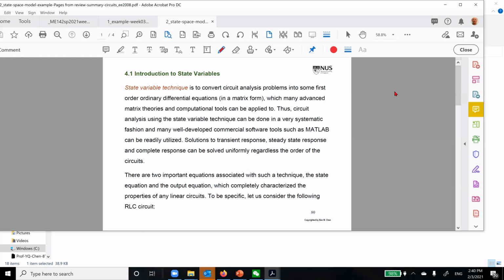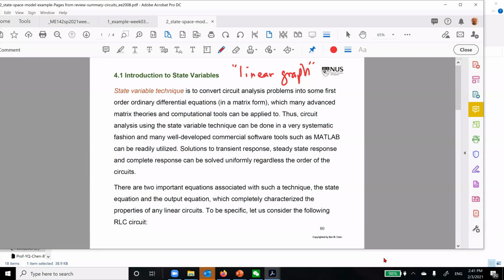Sometimes in this modeling approach, we use linear graph theory. This is from Clarence de Silva's Mechatronics book, and I kind of like that framework.